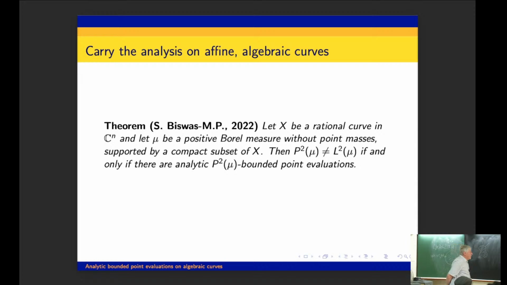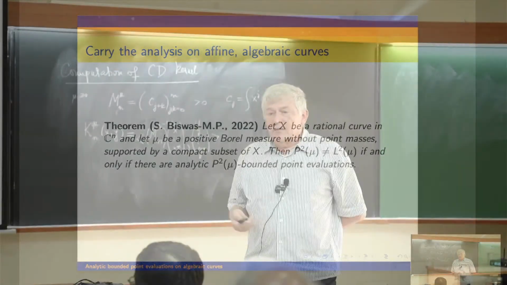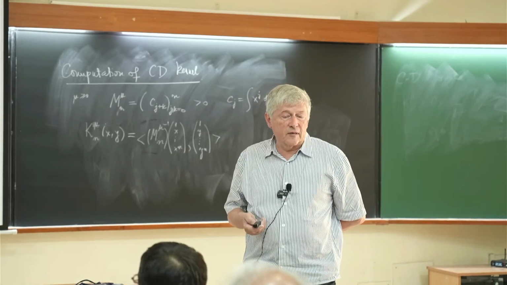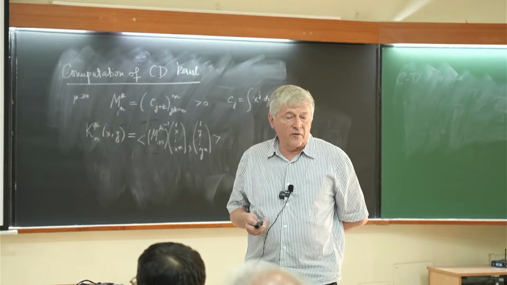Now, with a colleague of yours, Shibananda, Calcutta, we tried our hand at what is going on in higher variables. And a very natural assumption to consider first is algebraic affine curves.